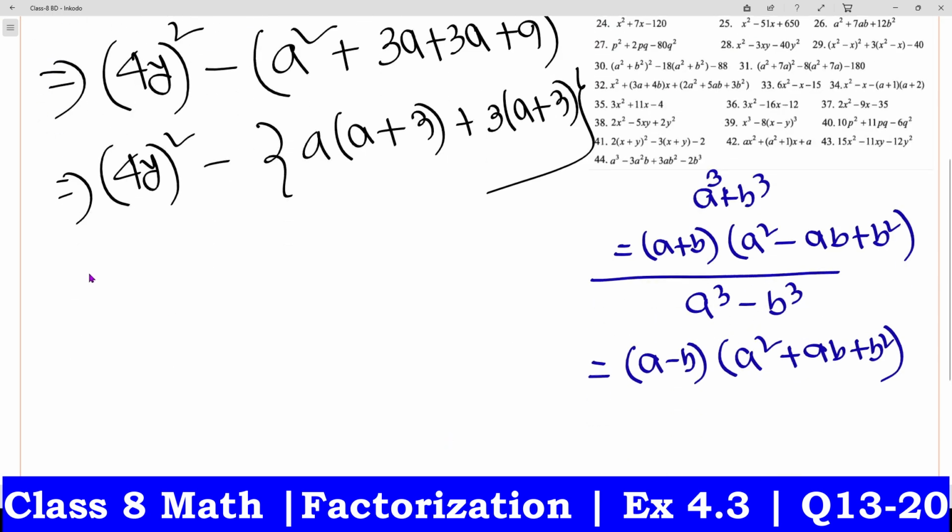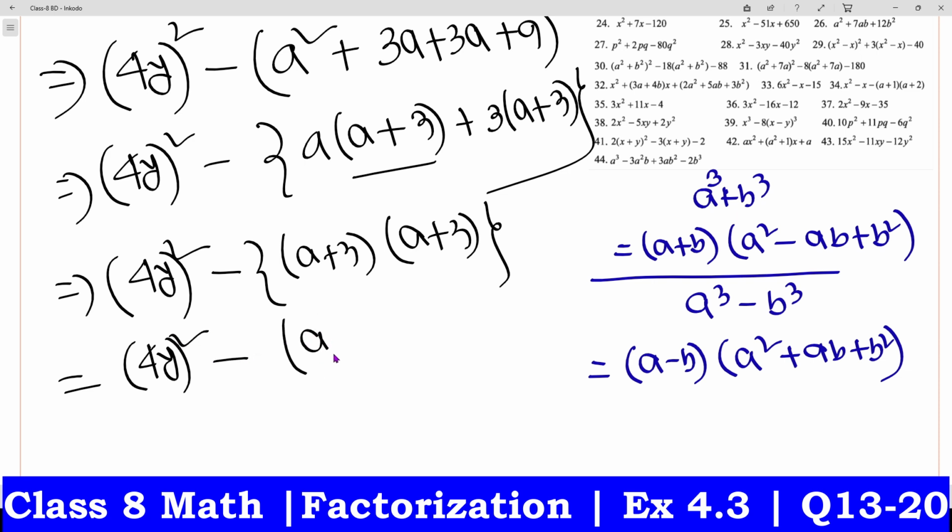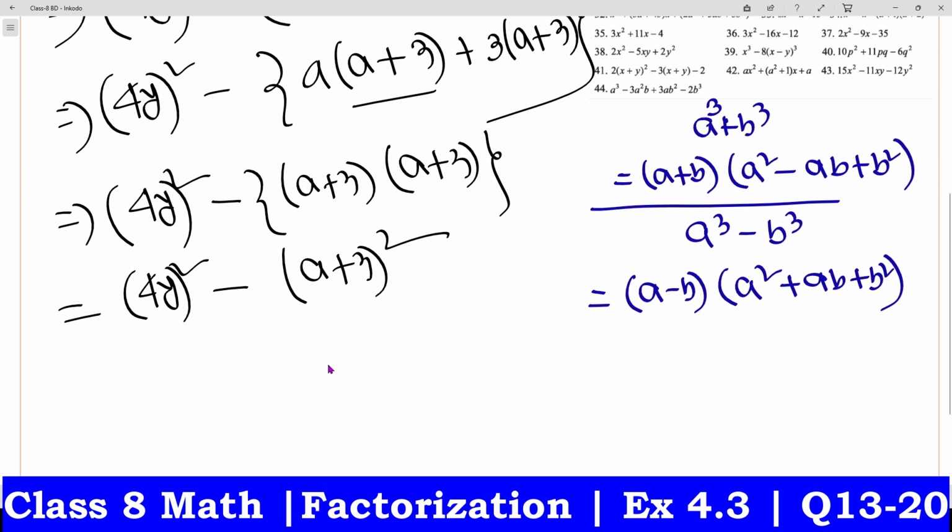Okay, now here is 4y square minus, from here we can take common a plus 3, so it will be a plus 3 and a plus 3. So finally this one we can write 4y square minus a plus 3 whole square. So it's looking like a square minus b square.